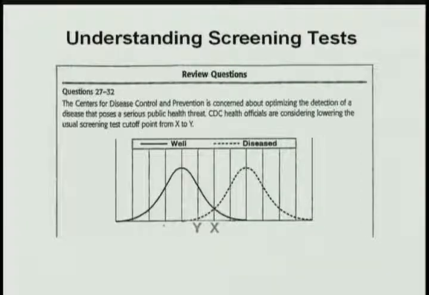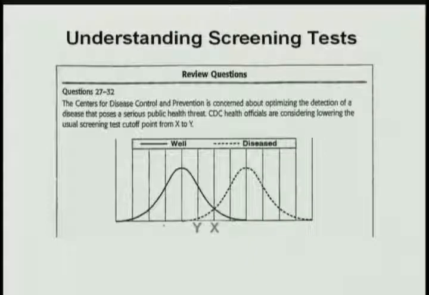Number 27. Moving the cutoff in the manner being considered by the CDC causes the number of false positives to do what? What happens to my false positives? When I move from X to Y, a lot of the healthy people that were before correctly classified as true negatives now become classified as false positives.